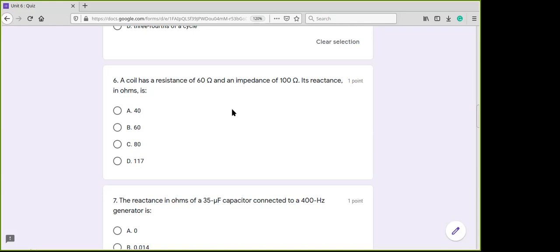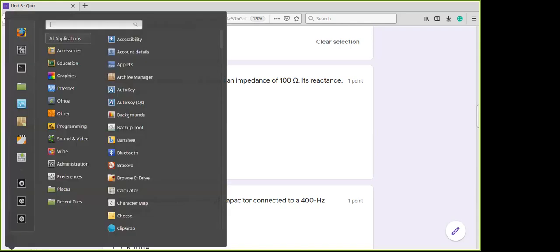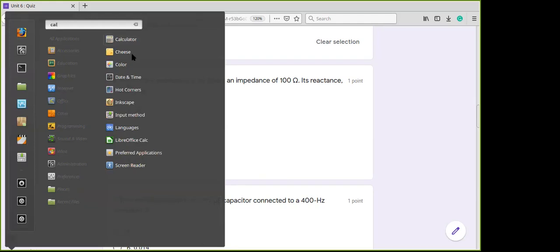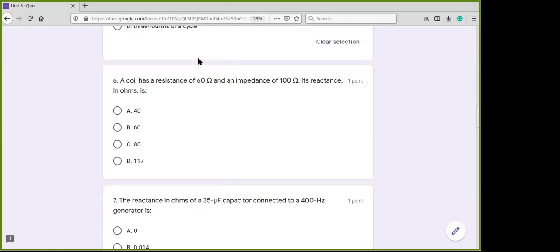You can use the calculator. Okay. The square root of 3,600 plus 10,000.